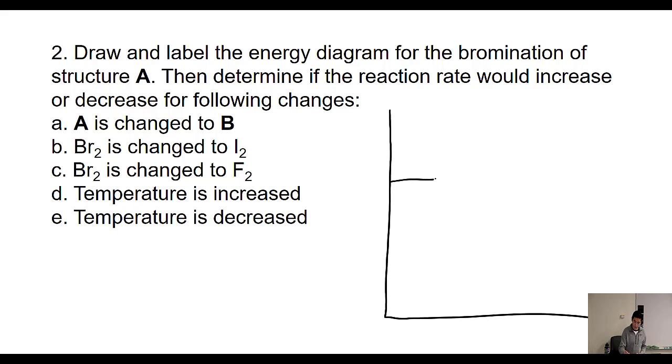The 2 top lumps are what we call the transition state, right? And so I have start, product, and what do we call this? Intermediate.